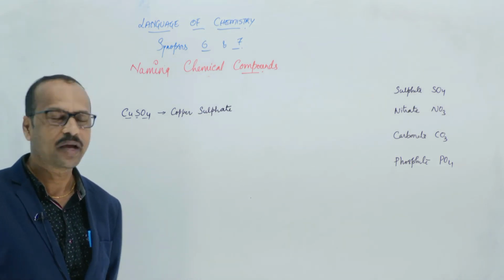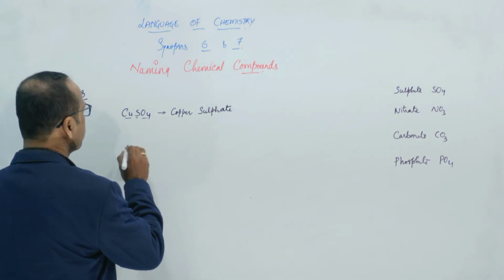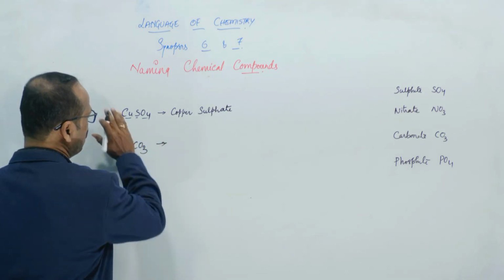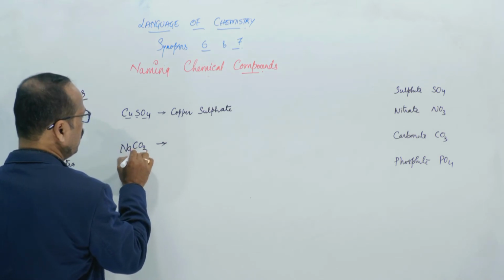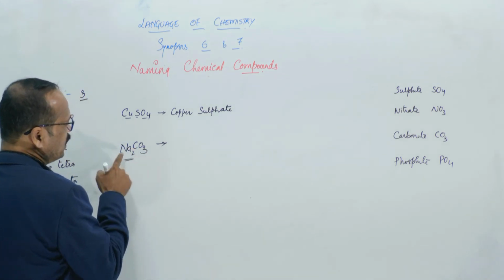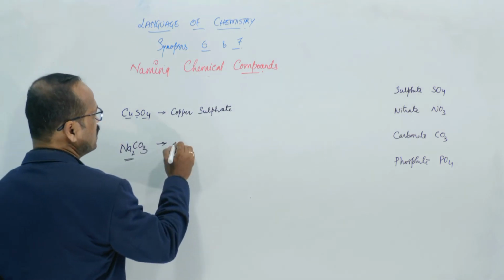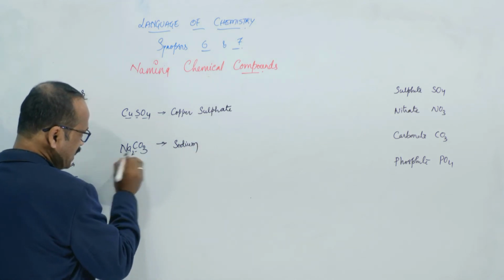Is this clear? Now, for example, I want to give the name of Na2CO3. Here Na, the first element, is a metal. You need not change anything, so just write sodium. Now what is there?